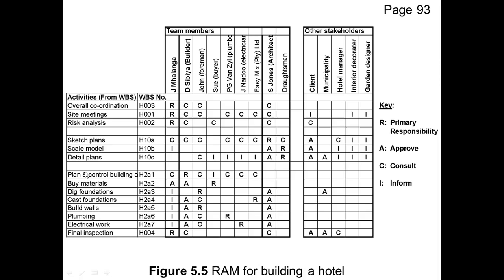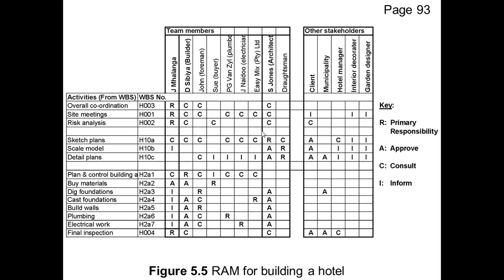So if we had said that for the detail plans, the architect and the draftsperson are responsible, the architect can turn around and say, oh, but I thought the draftsman was doing it, and the draftsman can turn around and say, oh, I thought that the architect was doing it. So in order to get away from that dilemma, we give the draftsman that responsibility, but the architect has to approve the plans at the end of the day.